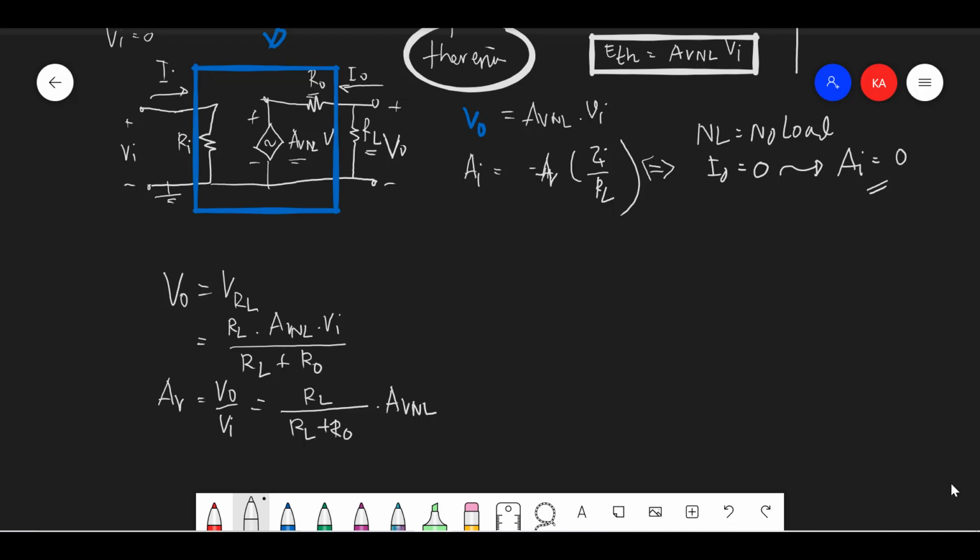So we know the connection between AV and AVNL. AV is the voltage gain if we connect the load, and AVNL is the voltage gain if no load. AVNL times RL per RL plus RO is the total voltage gain if we connect the load. So this ratio of RL and RL plus RO is very important here.